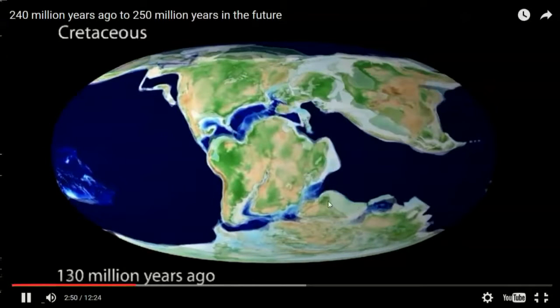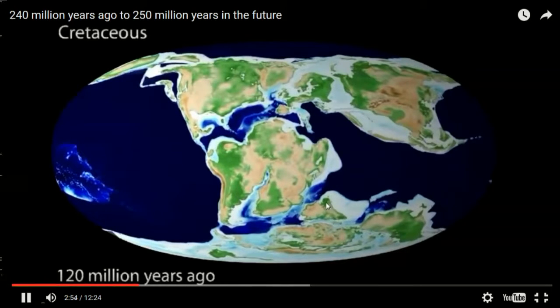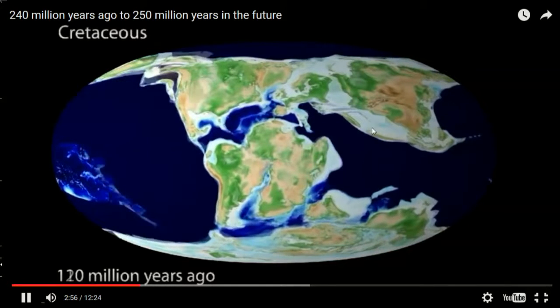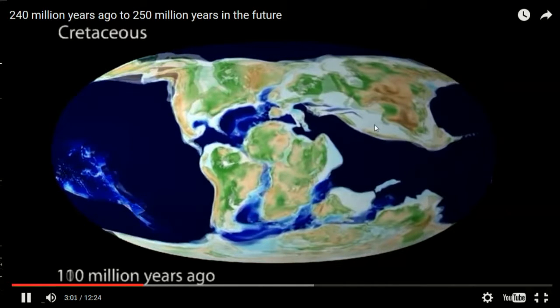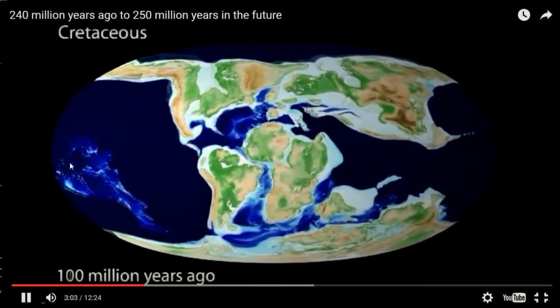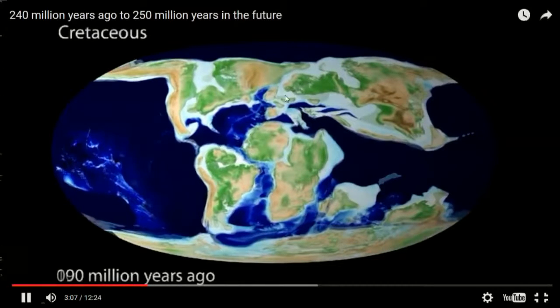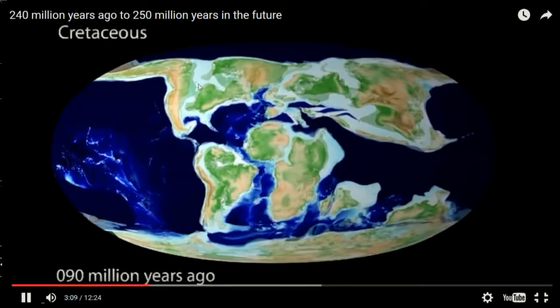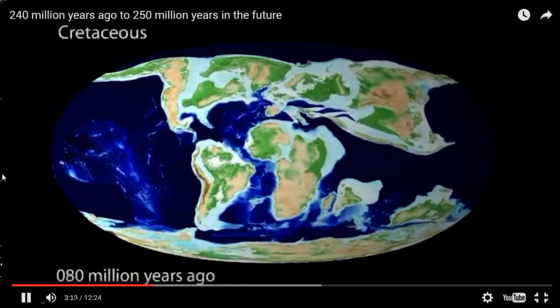130 million years ago, you can see India start to form here, and India is going to take a fast lane up to Eurasia here and run into it. So about 100 million years ago, it's starting to look like what we know now. You see in the middle of North America had a huge sea. It's kind of separate. And then things start to move.